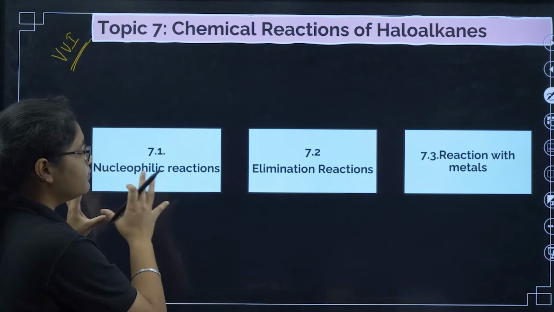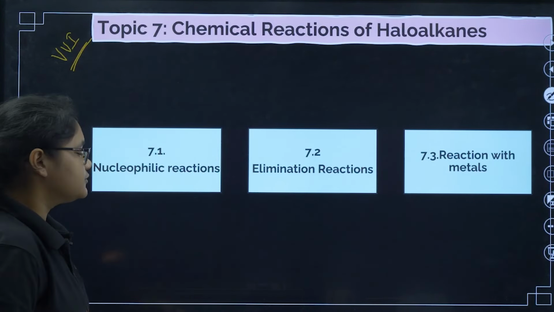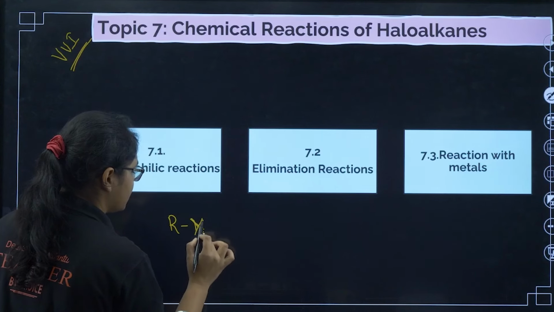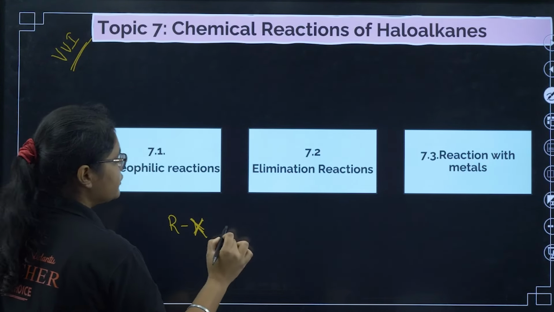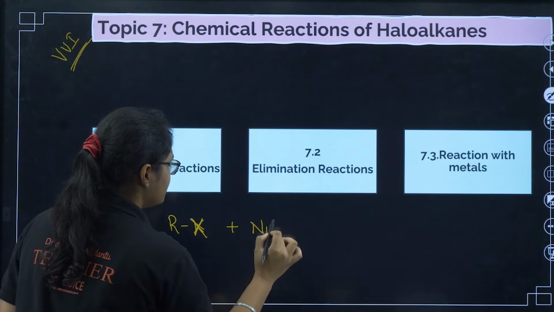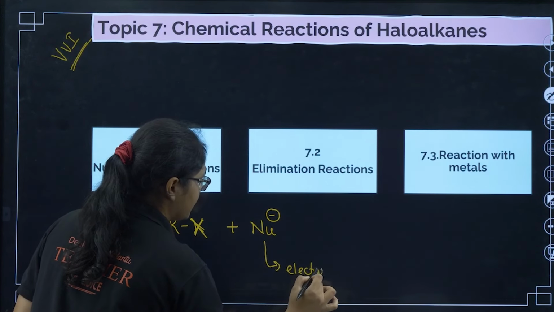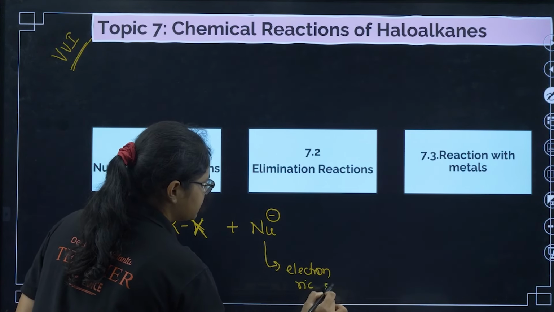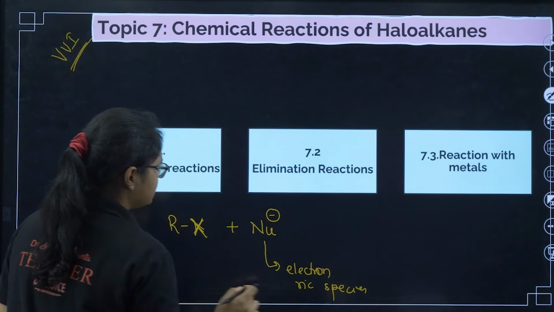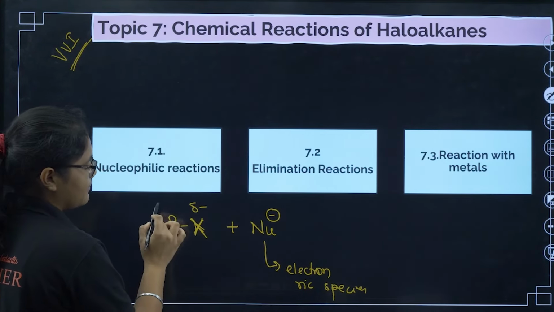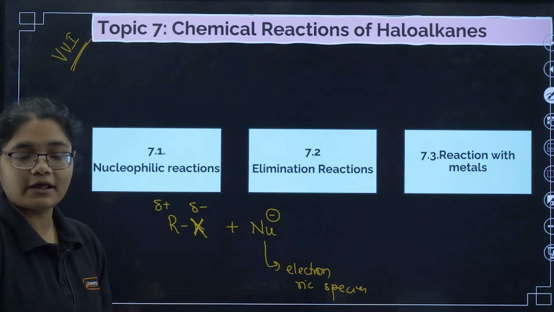Now what do you mean by nucleophilic reaction? Generally, you have RX. What is a nucleophile? A nucleophile is a very electron rich species. Now if you see RX, I have told you that X is highly electronegative, so it will have a delta minus charge, and R will have a delta plus charge.